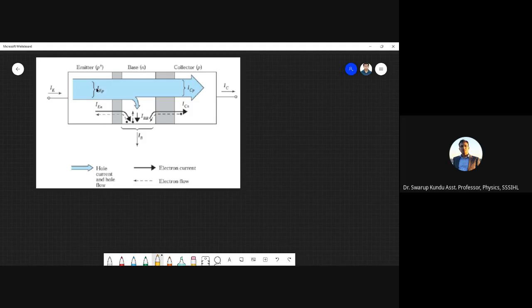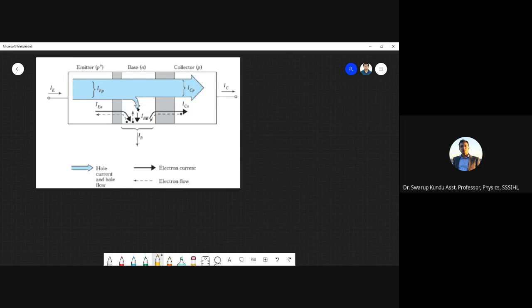The P side is heavily doped, so we have plenty of holes in the emitter. Now you forward bias and you inject all the holes into the base region. And you make the base region very thin, such that holes can easily travel through and enter the collector region.